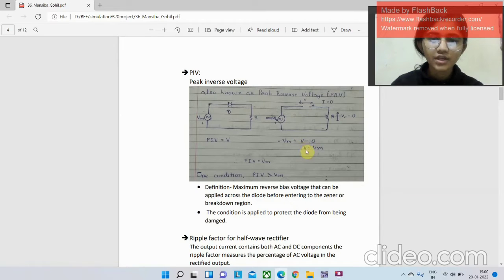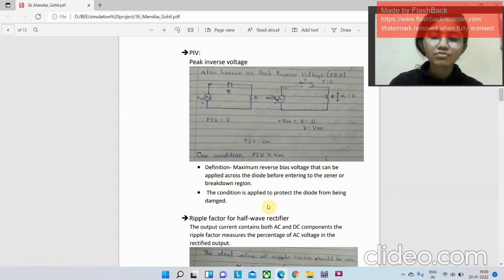As I have shown, PIV will be equal to V, and in the second circuit V will be equal to Vm. So we find that PIV is equal to Vm. But there is one condition which says that in order to protect the diode, the PIV value should be equal to or greater than Vm, and we do this to avoid the diode from being damaged or burned out.